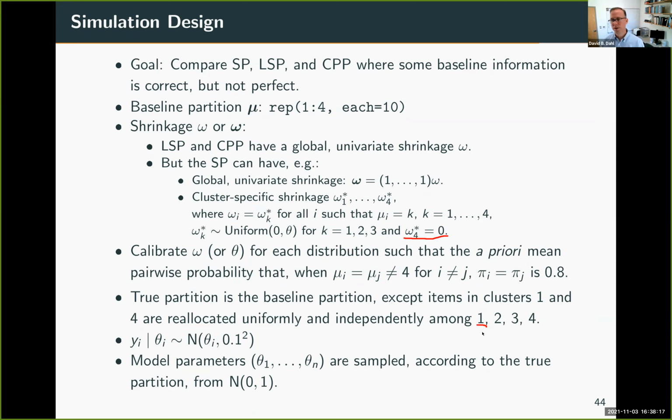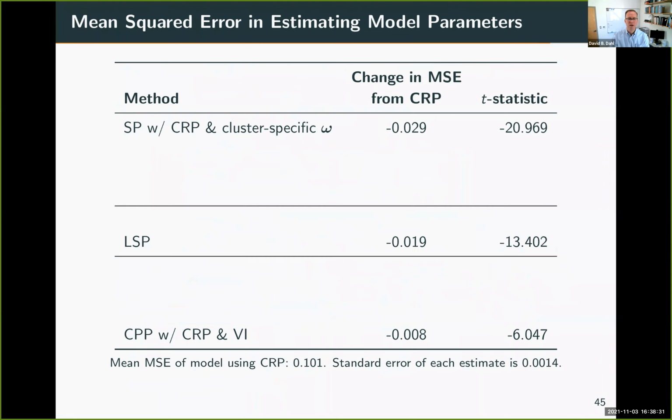but still, nonetheless, we have misspecified cluster 1. The data is going to be generated from a normal distribution, and the model parameters are also sampled from a standard normal distribution. The game is going to be to estimate or recover these model parameters. As our reference, we're going to see how well the Chinese restaurant process does in estimating these model parameters.